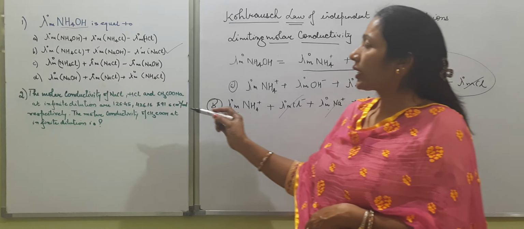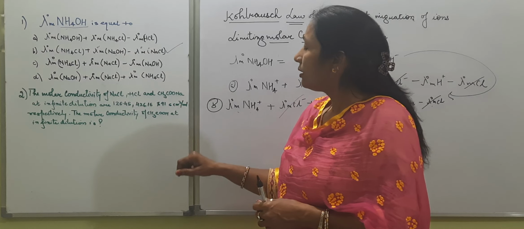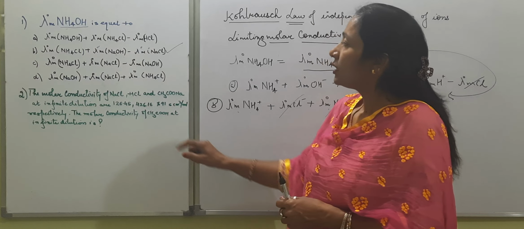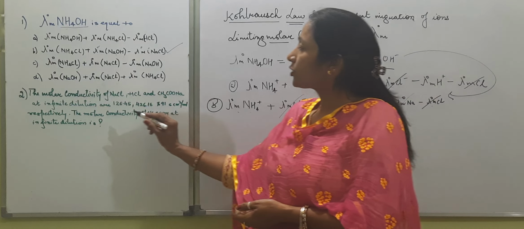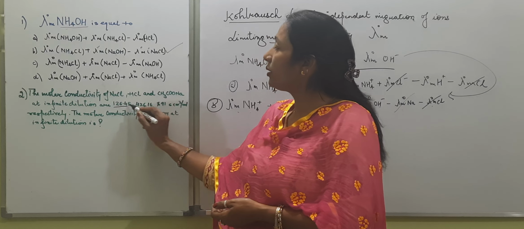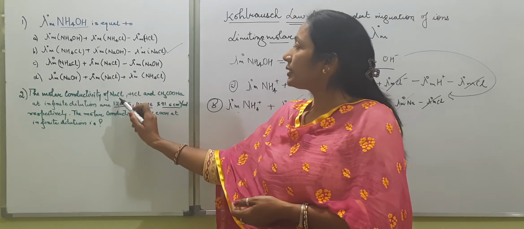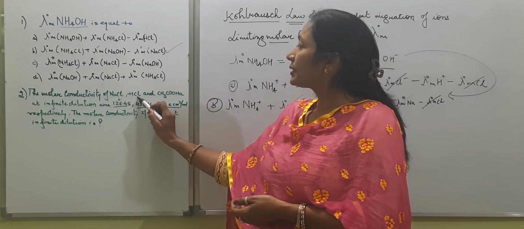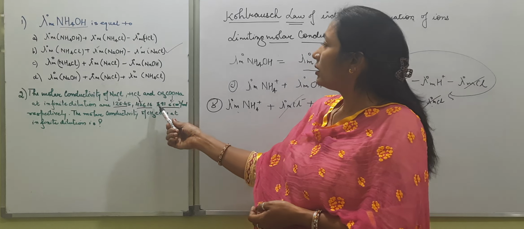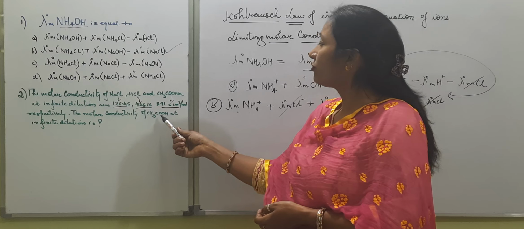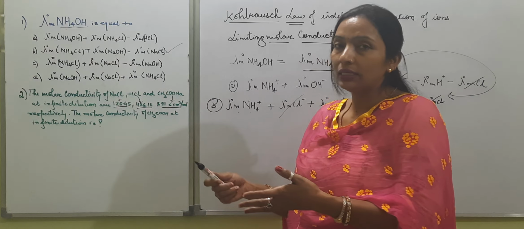Now let's come to the second question. The molar conductivity of NaCl, HCl and sodium acetate. Here we are given three electrolytes and their limiting molar conductivities respectively. That is, this one is for NaCl, this one is for HCl and this one is for sodium acetate. And we have to find the molar conductivity of acetic acid with these three.